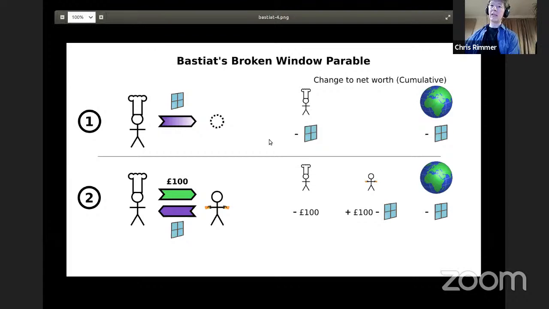Yeah, and I think even though the glazier is obviously happier having the money than having the extra window, it's very much at the baker's expense. And I think a good way of seeing that is to ask yourself, what happens if somebody smashes the baker's window and then throws the glazier's wedding cake into the bin?